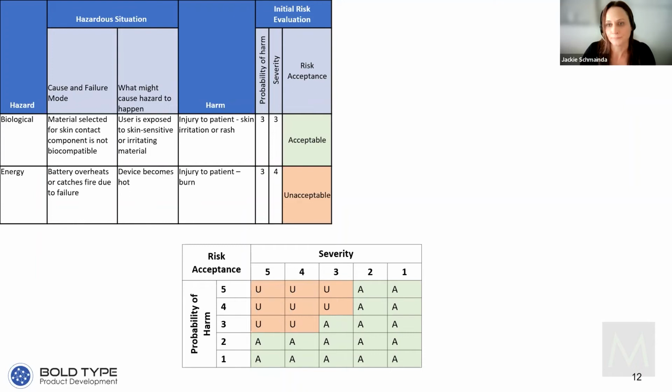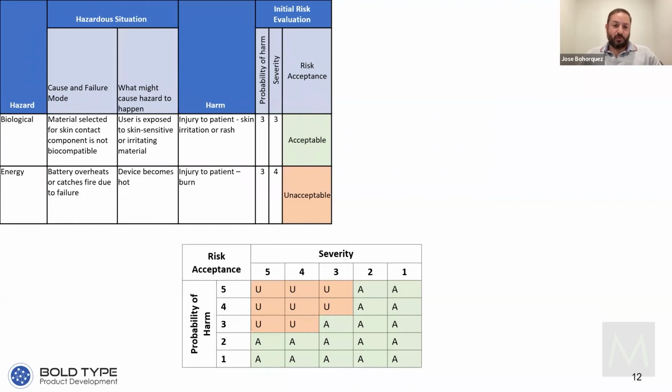And just to jump in for a little bit here, a couple of things. The first one is that even things that are acceptable, usually you still try to mitigate them because, even beyond the regulatory requirements, you're ultimately launching a product that you want to be successful. So if you think there's a straightforward way to mitigate a risk, even though it's acceptable, it's just wise to do that.